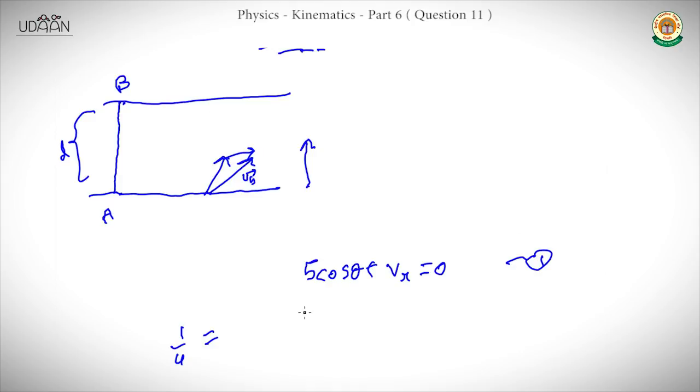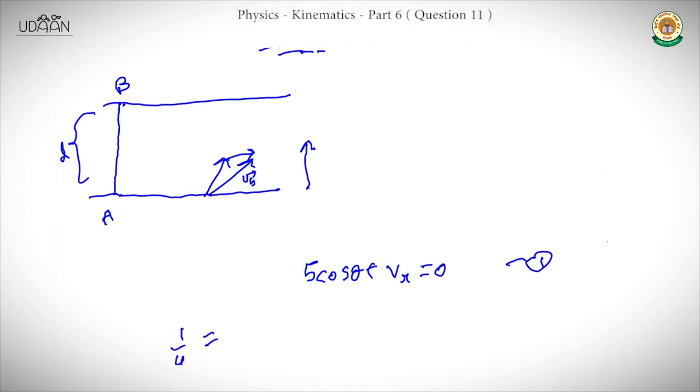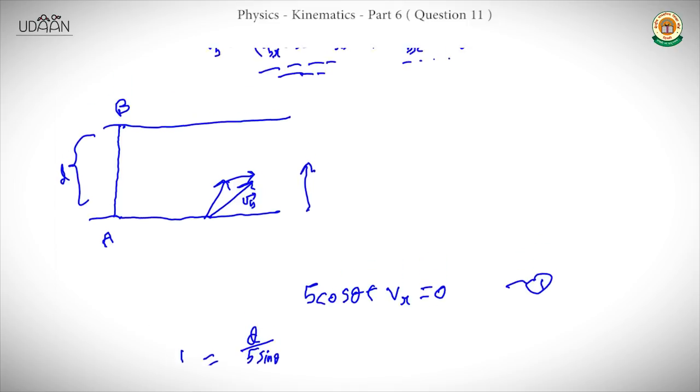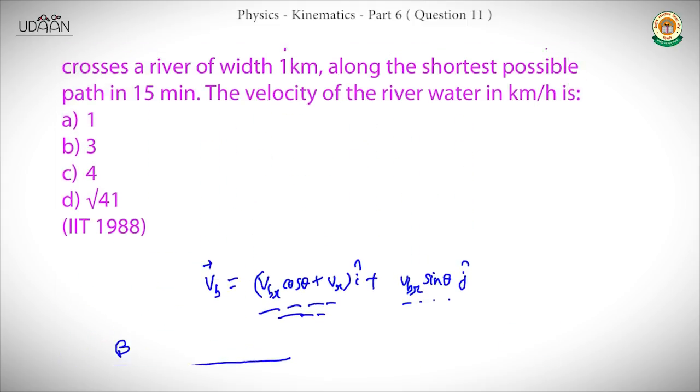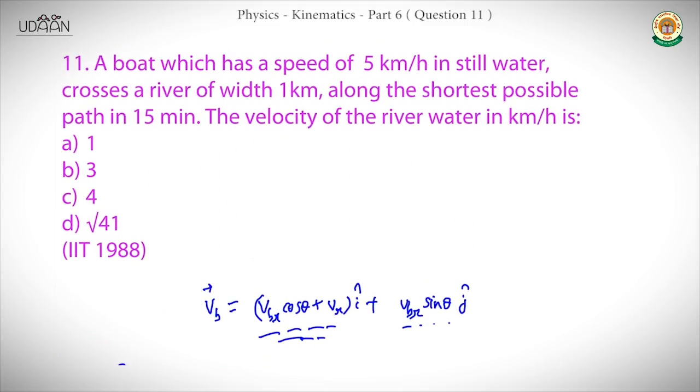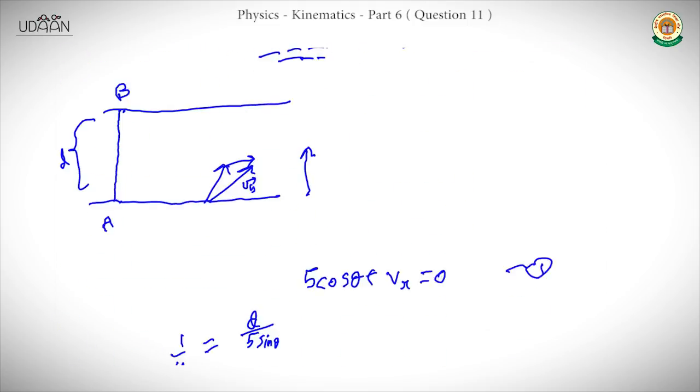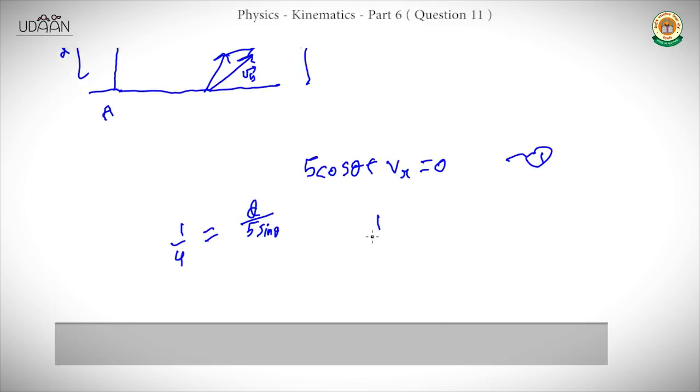Silly mistakes. So VBR is 5 sin theta, and d upon 5 sin theta is equal to 1/4. And d is equal to 1 kilometer, the width of the river. So 1/4 is equal to 1 upon 5 sin theta. So sin theta is equal to 4/5.